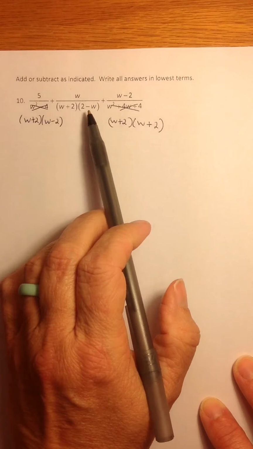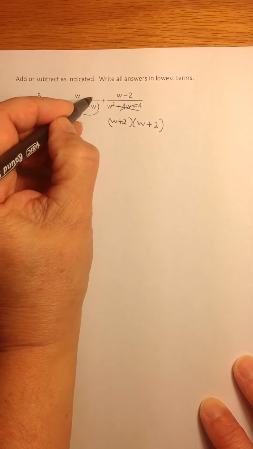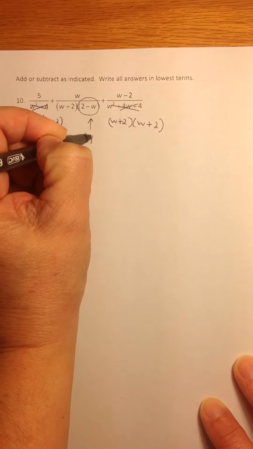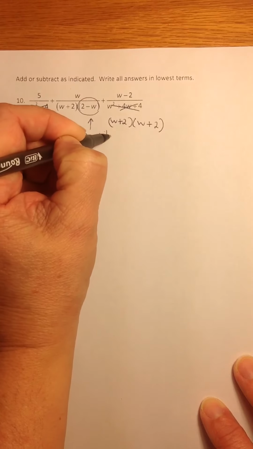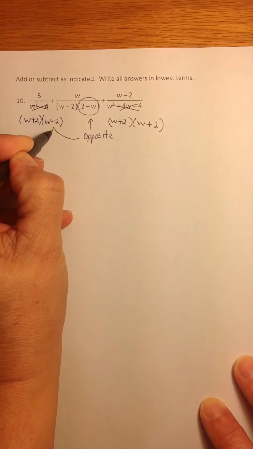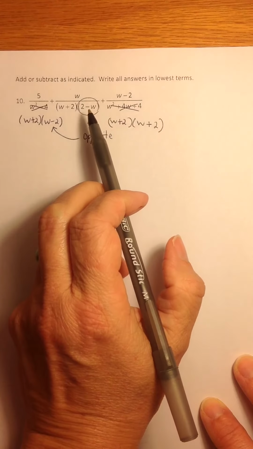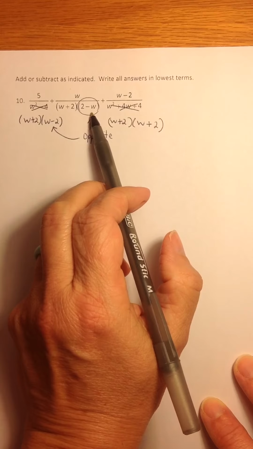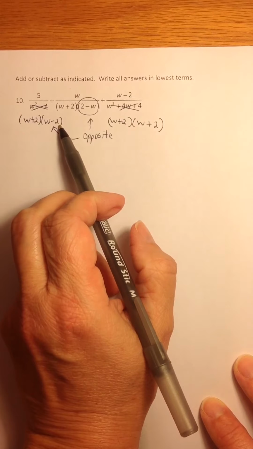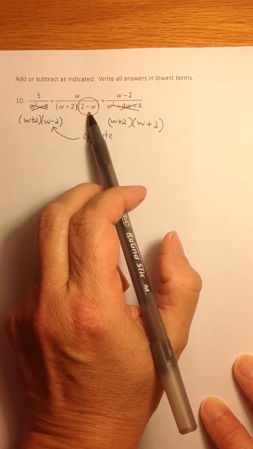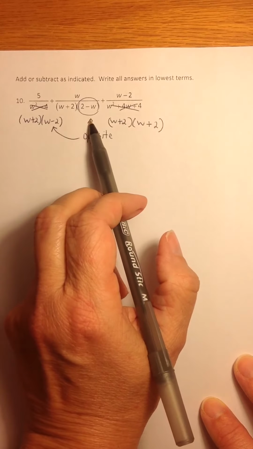Now, I need to recognize this as an opposite. It is the opposite of this. So it is more traditional to write this as w minus 2. But to do that, these differ by a negative.